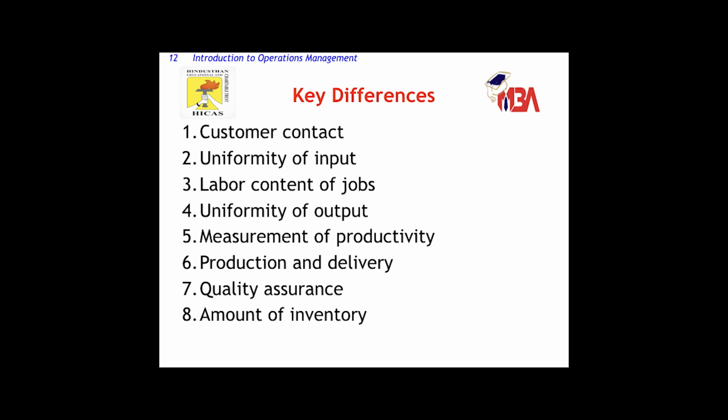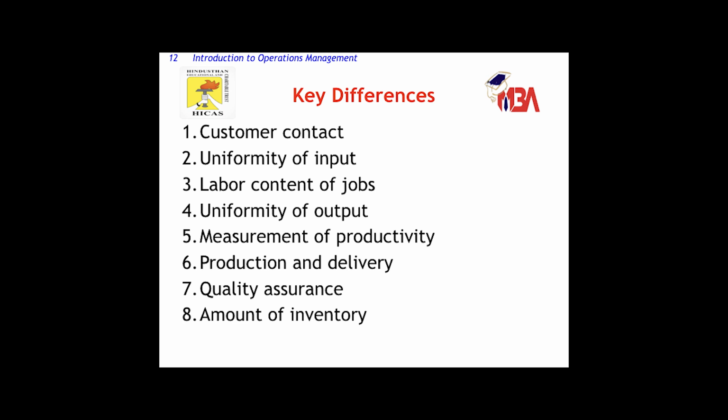Now the second factor, uniformity of input. If you take manufacturing, a company manufactures a product, for example steel manufacturing, the input for steel manufacturing is going to be steel ingots. So the raw material is going to be the same. It doesn't differ. So in the case of the manufacturing industry, the uniformity of input is going to be more.